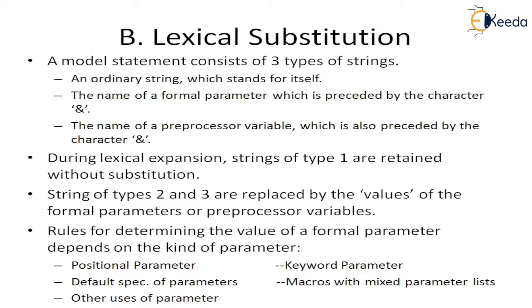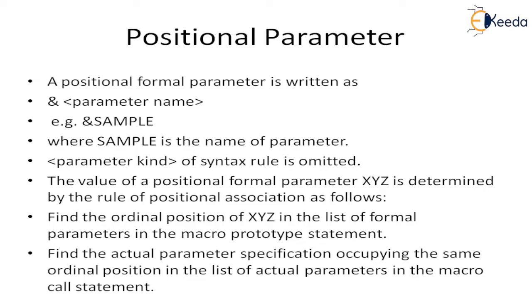The formal parameter has different kinds: positional parameter, keyword parameter, default specification of parameter, macro with mixed parameters, and other uses of parameters. First we turn toward the positional parameter. As the name suggests, it shows the position, and it is written as & followed by the parameter name.